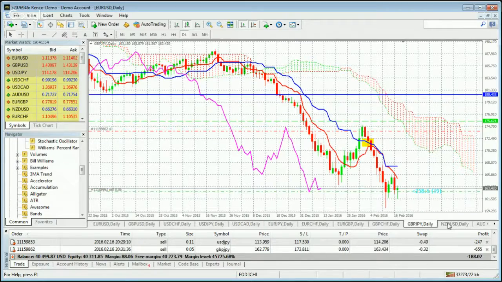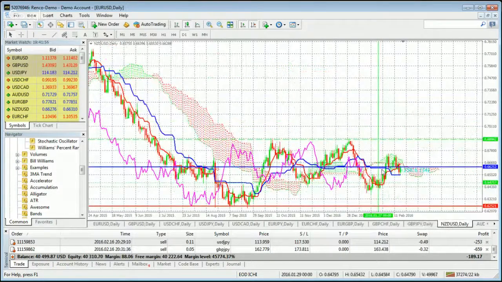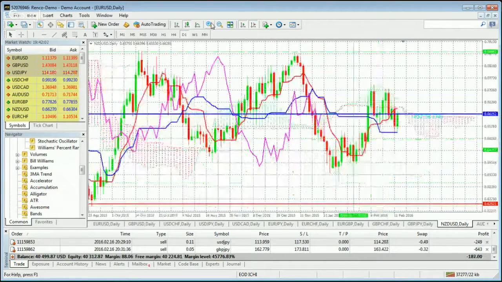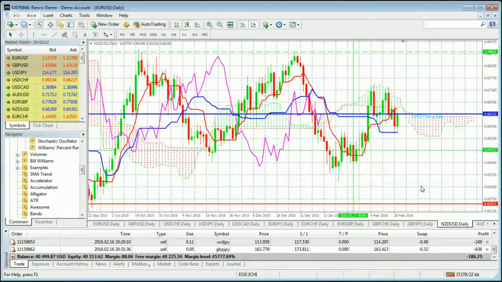Next one. The New Zealand US dollar. Now this one's interesting. Okay, let's zoom in. Now this one's given a signal. Which signal? Let's see if you guys can spot the signal.